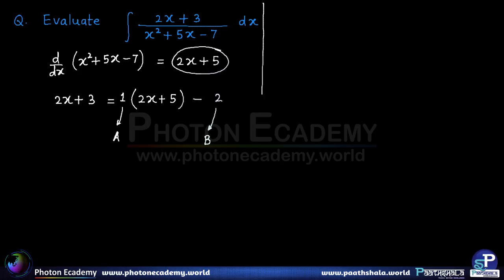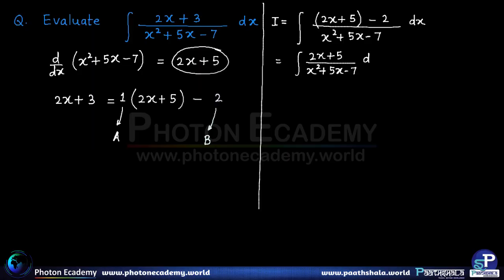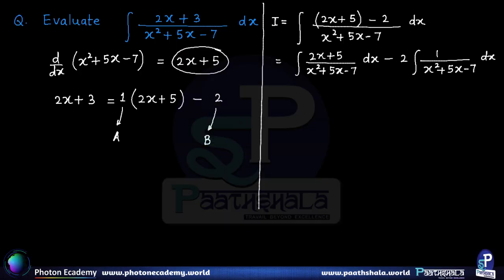So therefore our integral is equal to integral of 2x plus 5 minus 2 whole upon x square plus 5x minus 7 dx, is equal to, now we can break the integral, that is integral of 2x plus 5 upon x square plus 5x minus 7, minus 2 into integral of 1 upon x square plus 5x minus 7 dx.